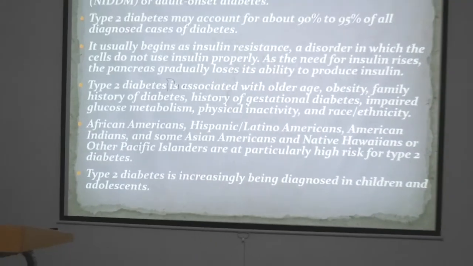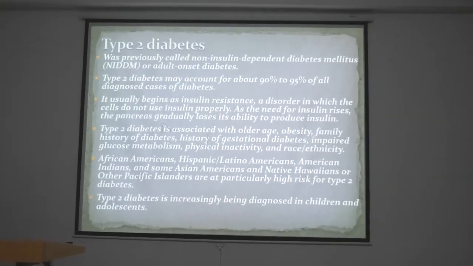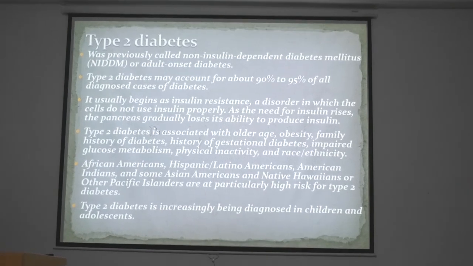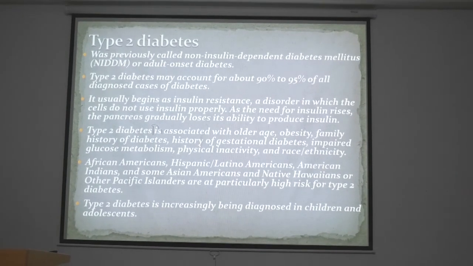Second, insulin resistance develops in gestational women, those who are pregnant. That's why it causes gestational diabetes, a disorder in which the body does not use insulin properly. As the need for insulin rises, the pancreas basically loses its ability to produce insulin.